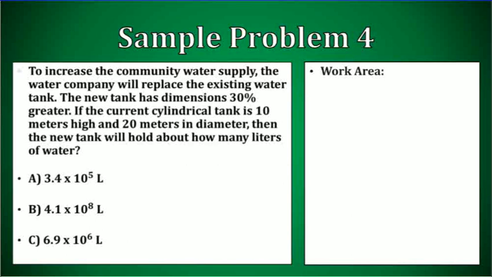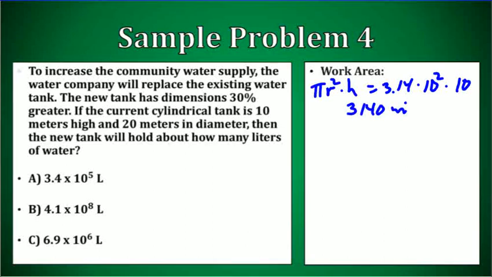Since it's a cylinder, we would do pi times radius squared times the height. So 3.14 times the radius. Since the diameter is 20, the radius has to be 10, so 10 squared times the height, which is 10. This would give us 3,140. This would be cubic meters.